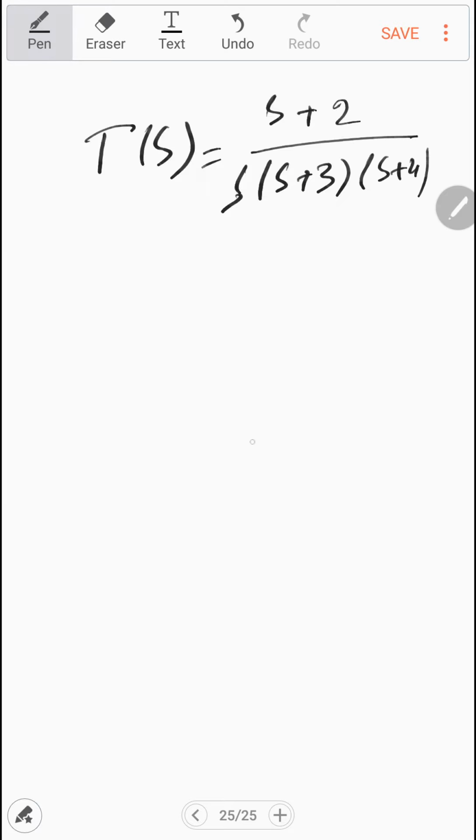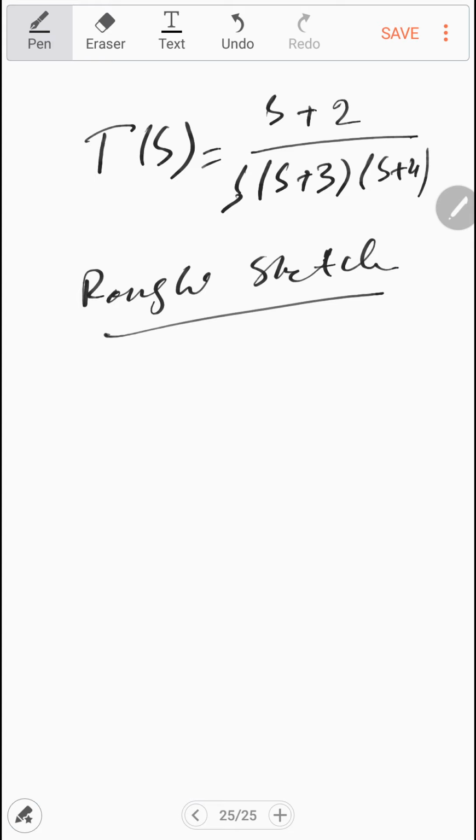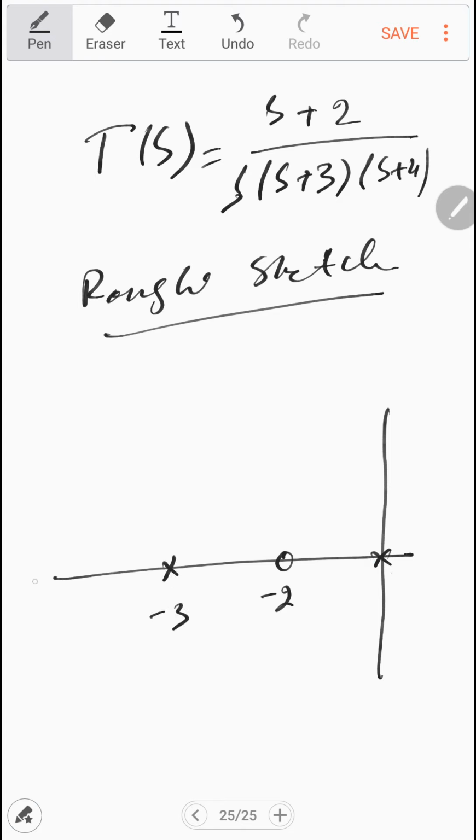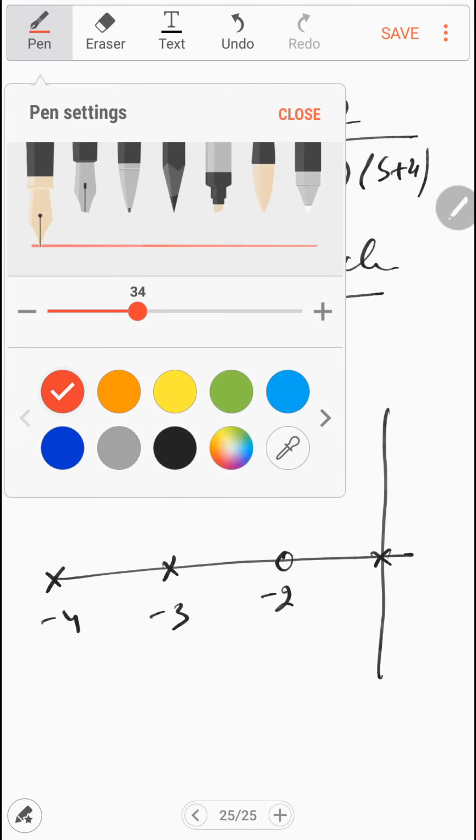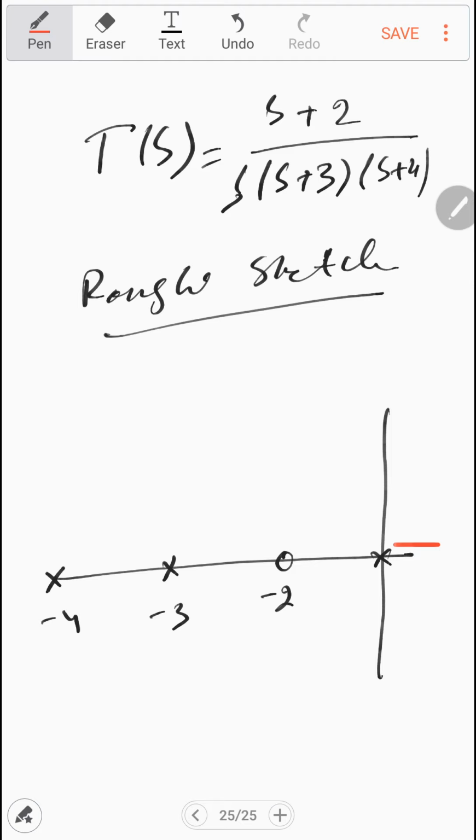Let us first draw the rough sketch, just to let you know why the asymptotes are actually important. If you draw the rough sketch, we have a zero at -2, then we have a pole at 0, a pole at -3, and a pole at -4. So we have the pole information and the zeros information, and that's it.